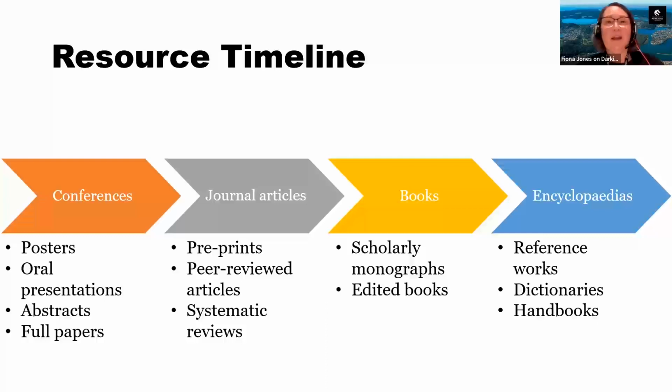So then moving on, after a conference paper or presentation, the researcher may be looking to publish a journal article. And so this process takes a little bit longer because what I'm going to focus on is those peer-reviewed scholarly journals that Gemma was talking about before.